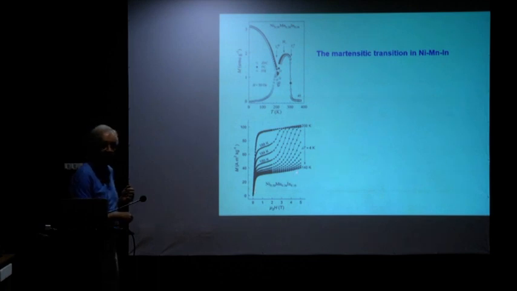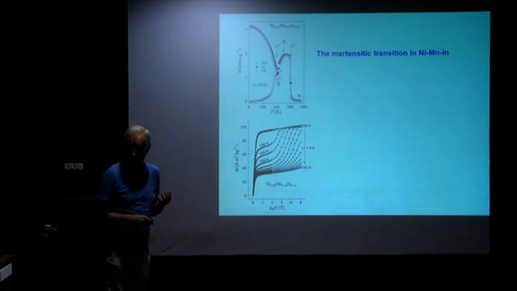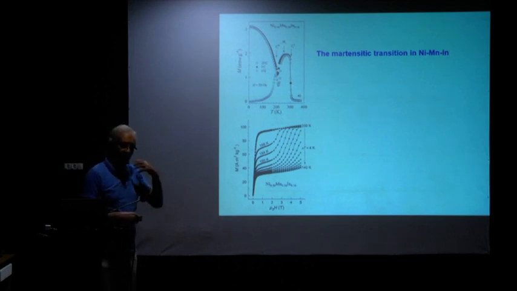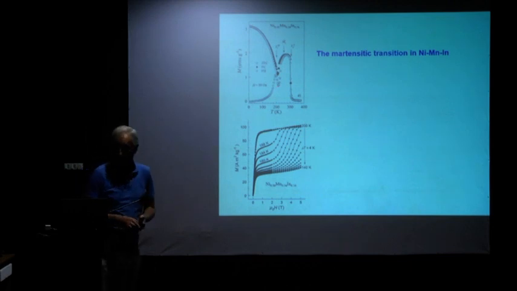When we're applying a field, we're seeing first some kind of a saturation that is happening in that area. So it's not a pure antiferromagnet either, okay? When we're applying a magnetic field, we have a large magnetization here. And as we increase the field, we go into the ferromagnetic state.